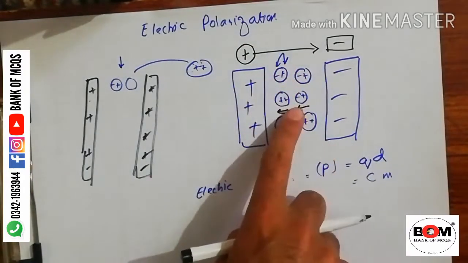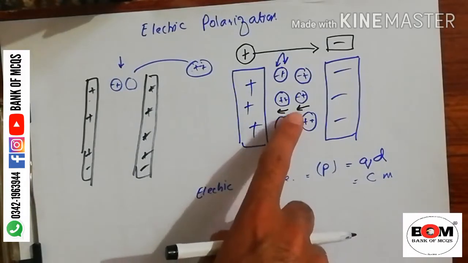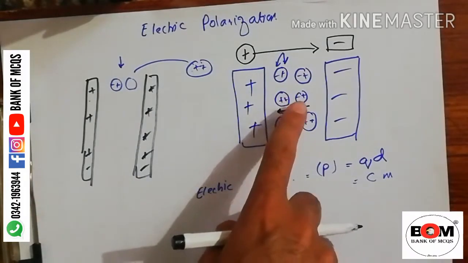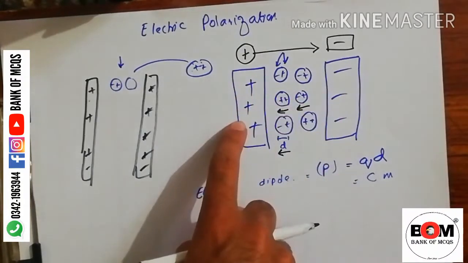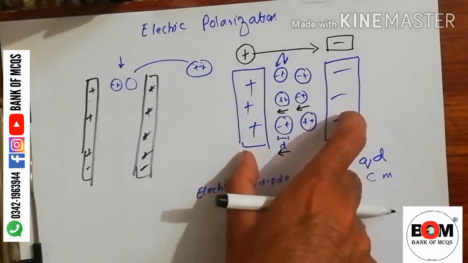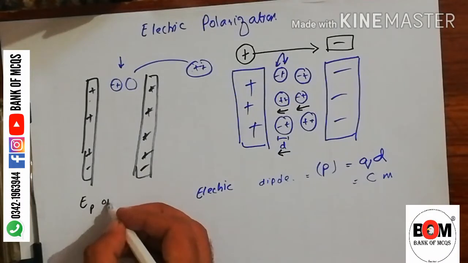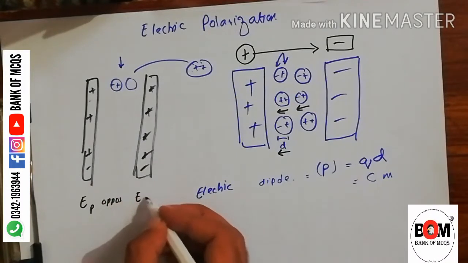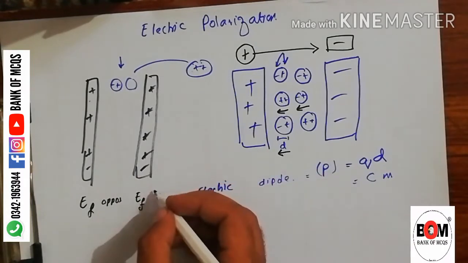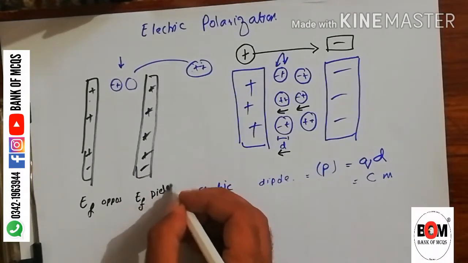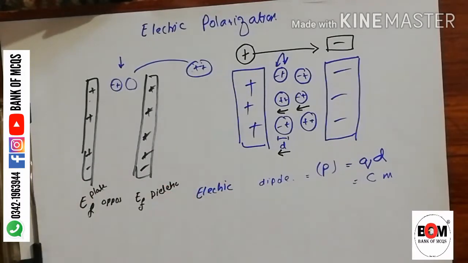So the electric field due to the dielectric is opposite to that of the electric field of the two plates. So this is the point to remember.